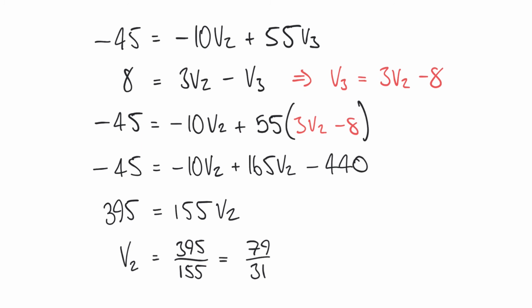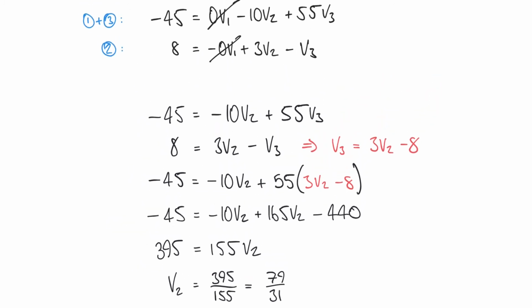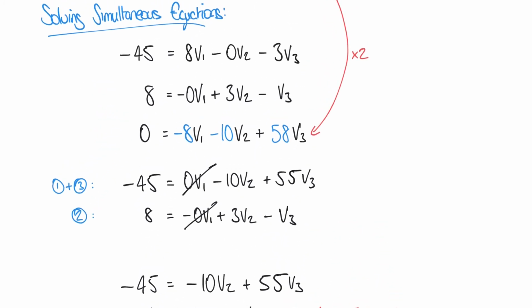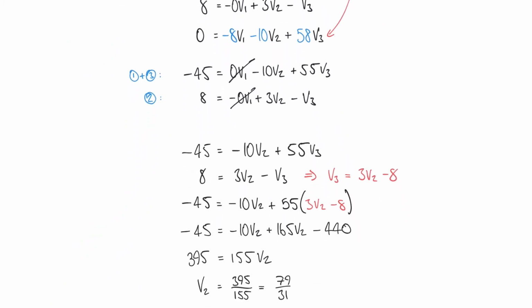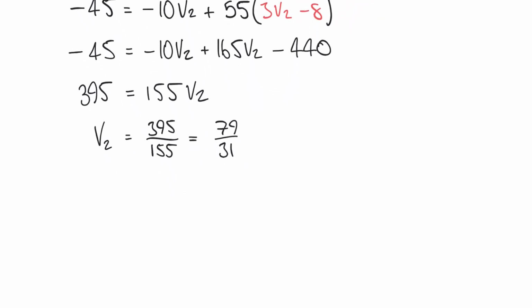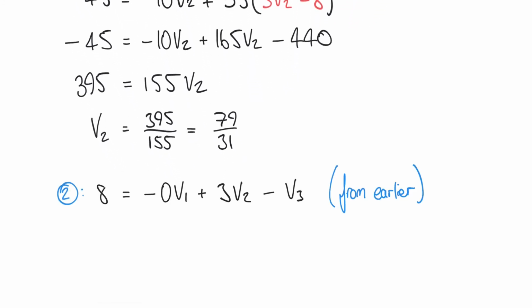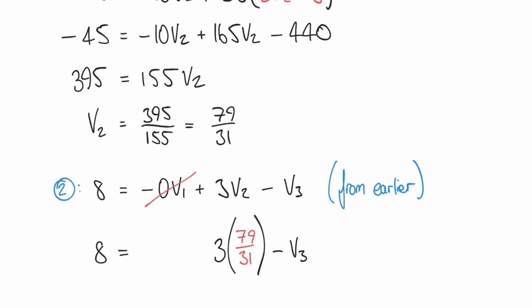Let's put this value into equation 2. So equation 2, we said, was 8 equals 3V2 minus V3. Well, now we know the value of V2. And so we have 8 equals 3 times 79 over 31 minus V3.